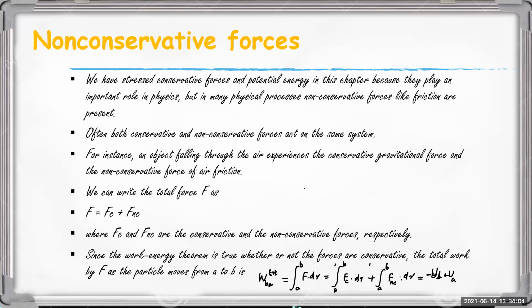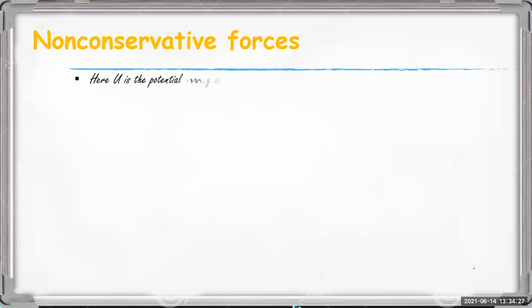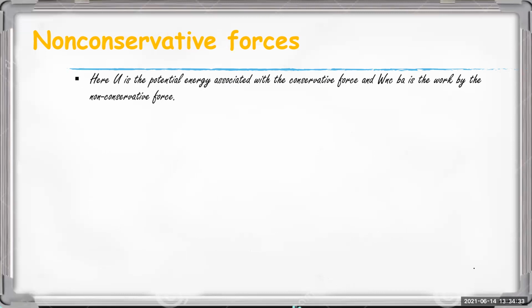And this other term is the work done in the case of the non-conservative force. Here U is the potential energy associated with the conservative force, and W NC BA is the work done by the non-conservative force.